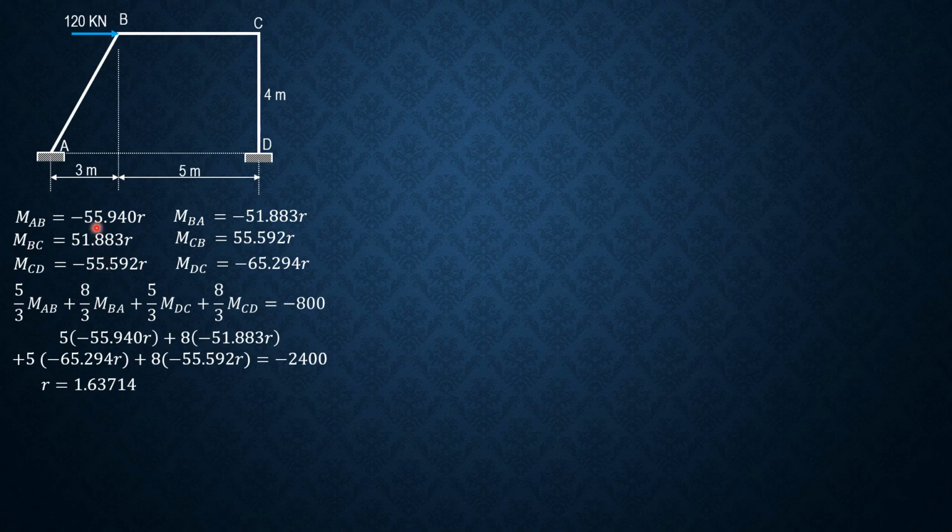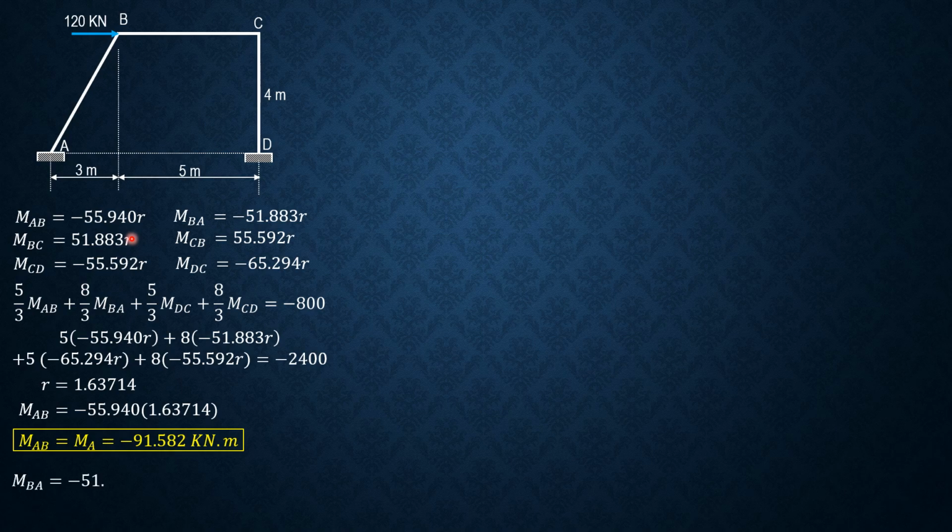So MAB therefore is negative 55.940 of 1.63714. So MAB is negative 91.582, which is the moment at A. MBA is negative 51.883 of 1.63714. So MBA is negative 84.940 kilonewton meter.